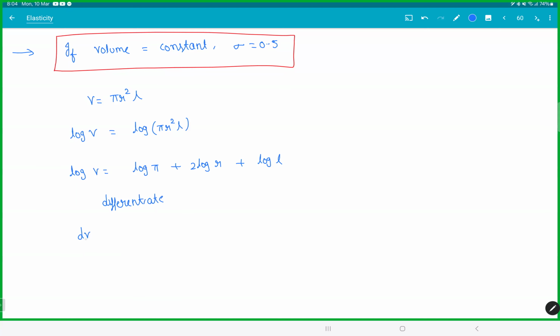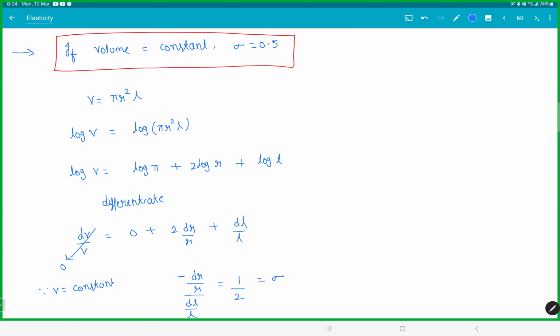This will be dV by V equals 0 plus 2 dr by r plus dL by L. If V is constant, this term is 0. And if you rearrange the terms, you get minus dr by r over dL by L is equal to half. This is nothing but sigma. Make sense? That is a proof for sigma is equal to half.